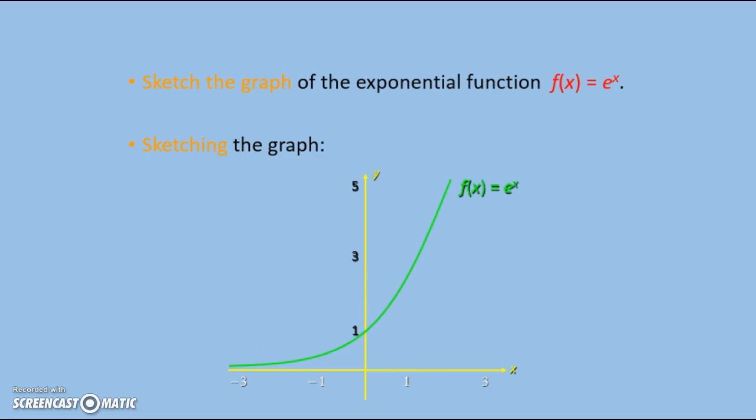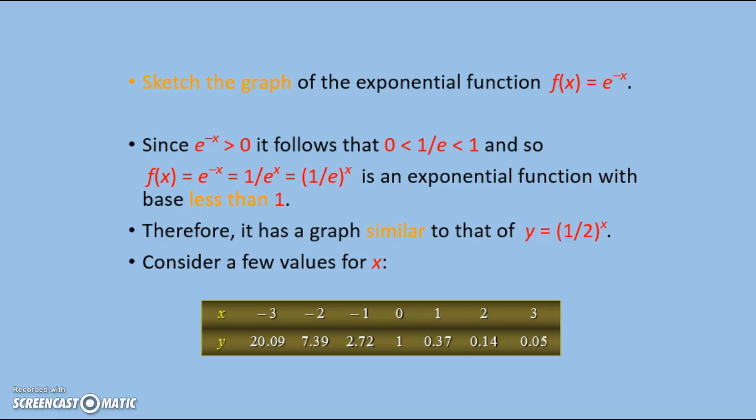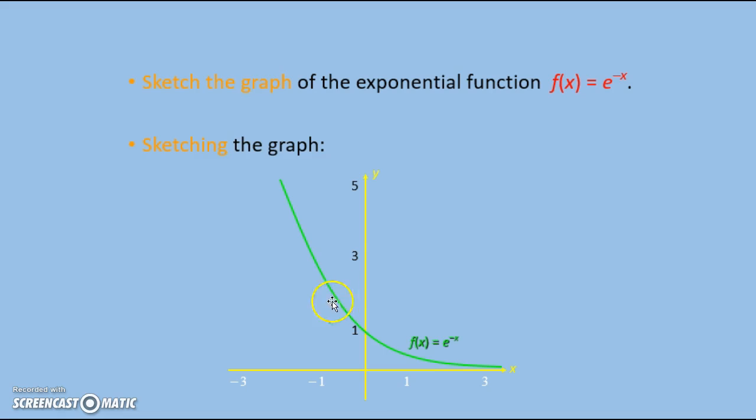Now, something that we didn't talk about for exponential functions and logarithmic functions is the fact that they are inverses of each other. First, let's talk about the graph of 1 over e to the x, or e to the negative x. Because we looked at (1/2) to the x, we're going to see that 1 over e to the x behaves similarly to that function. It reverses the relationship for the positive and negative inputs and is basically a reflection of the graph of e to the x over the y-axis.